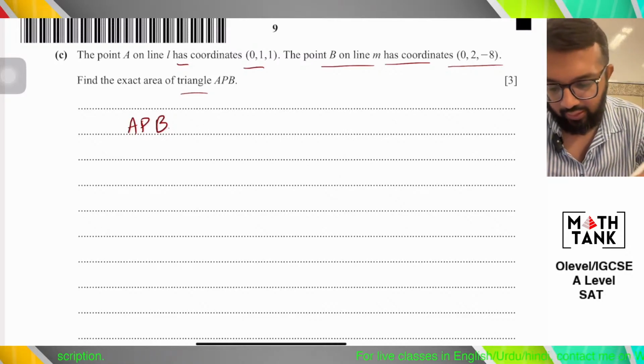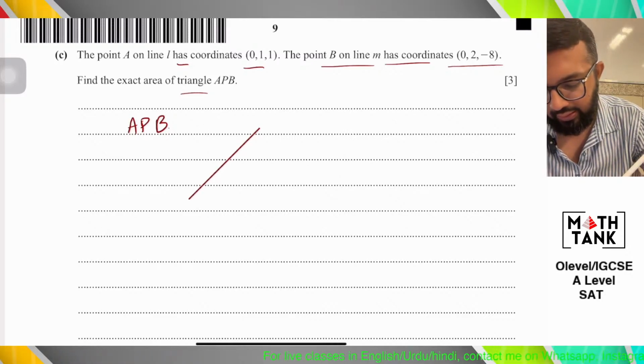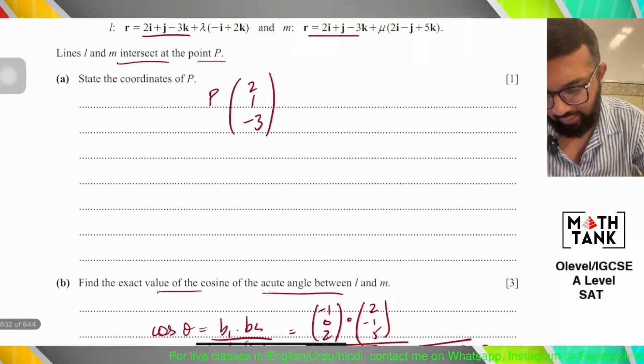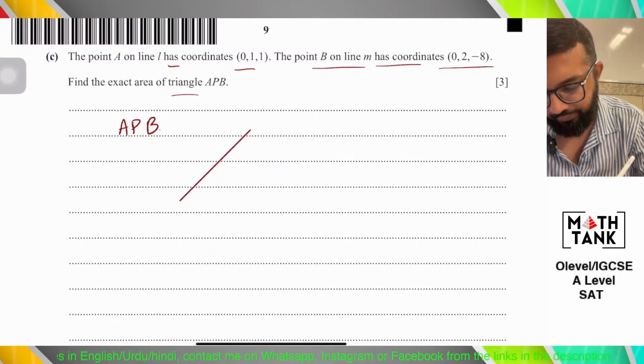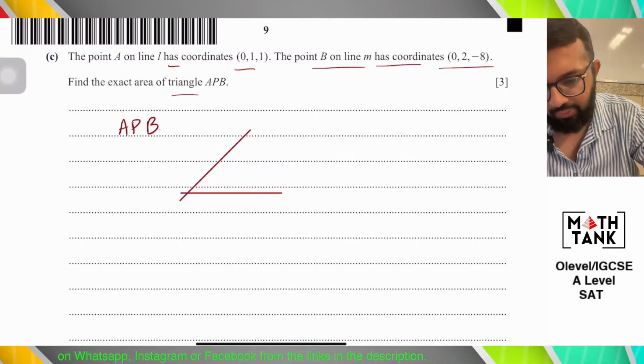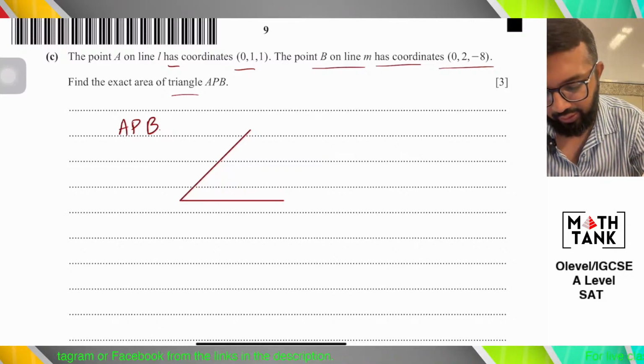Okay, the interesting thing about this question is that I know the angle between these two lines. Let's say these two lines are going like that. P is definitely the intersection point.